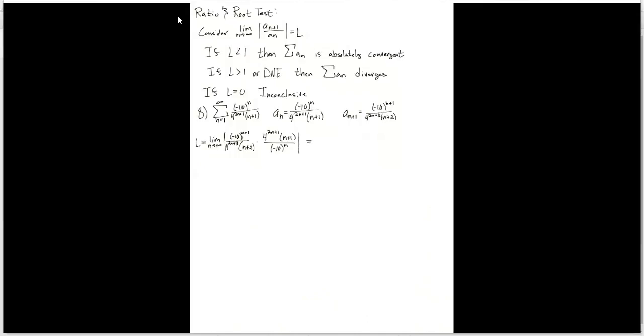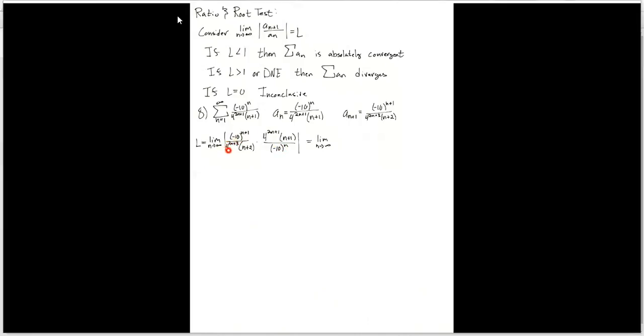And this is equal to the limit as n approaches infinity. And you can see that we're going to get some cancellations of this -10 to the n plus 1 and this -10 to the n down here.